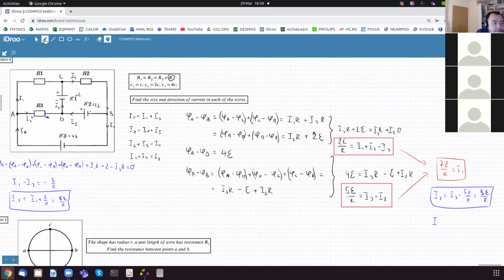Then we go here. So I0 is going to be I1 plus I3. So I1 is 7, I3 is 8, so 15 EMF over R. Okay.